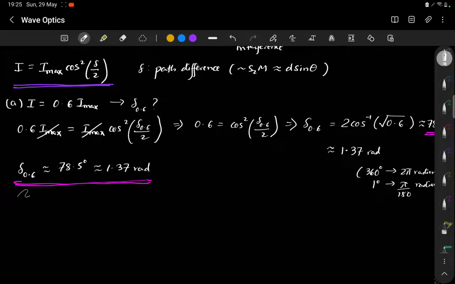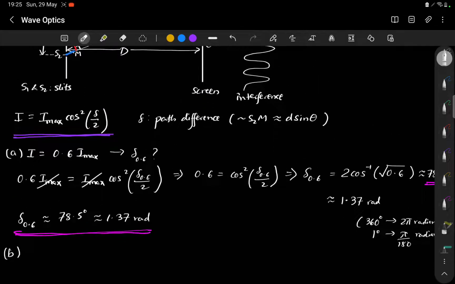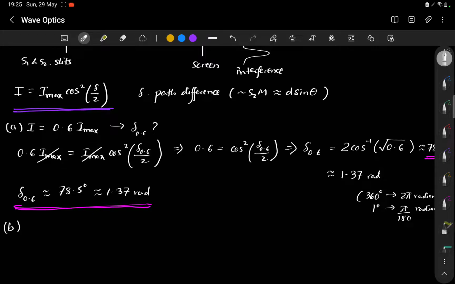So first we can find the expression for phase difference given the path difference. So phase difference is path difference into lambda over 2 pi.